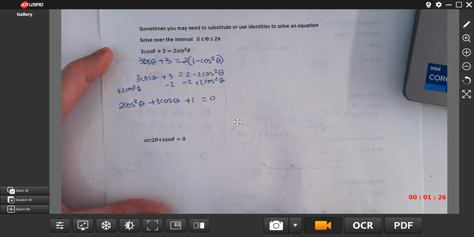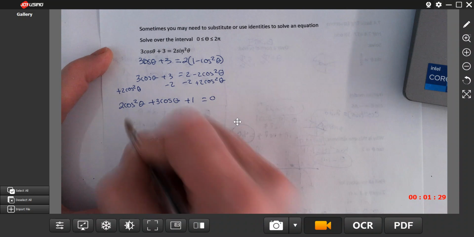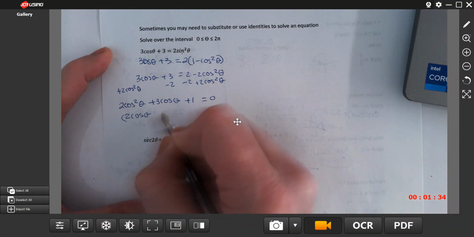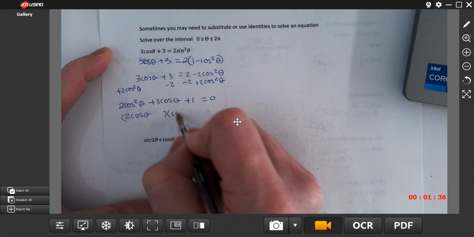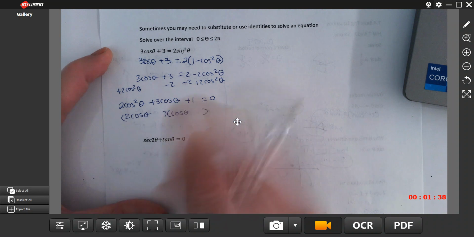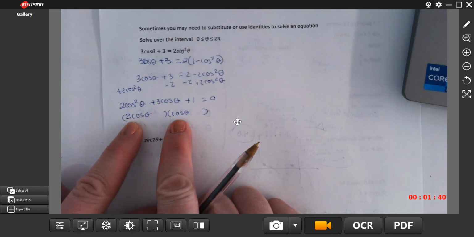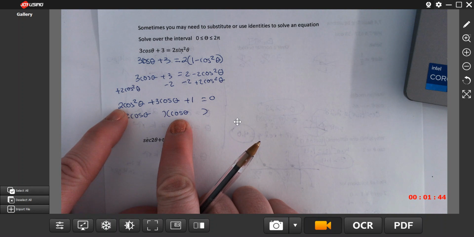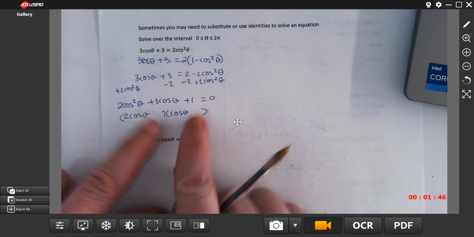That looks quadratic. So I think it's going to factor like a quadratic, so I'm going to try. I'm going to set my first term in each factor to 2 cosine x and 1 cosine x. That's the only way to multiply and get 2 cosine squared.